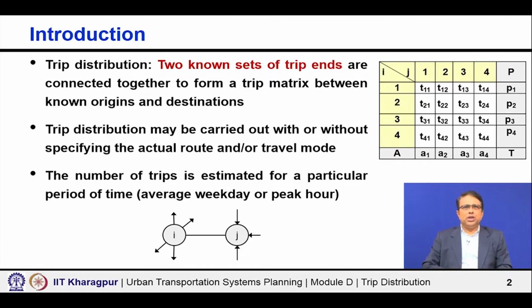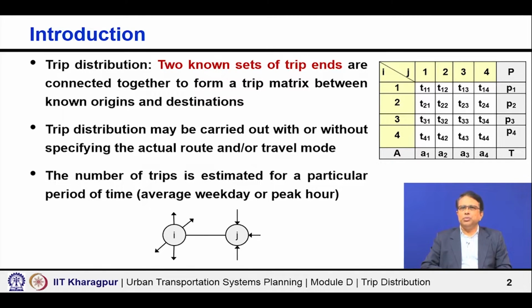In trip distribution, what we try to do is as follows. You can see on the right side, if you consider it as a matrix, you have, say, 4 zones, for example 1, 2, 3, 4, and from each of these 4 zones some trips are being made to different other zones, but we do not know these internal cells so far.